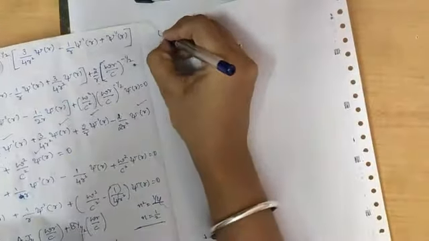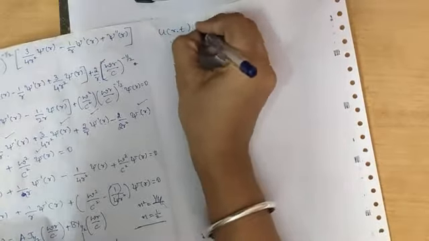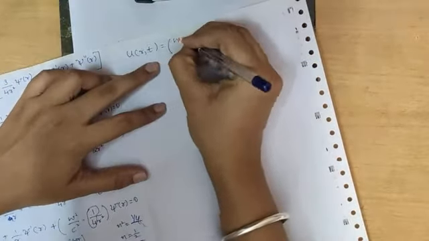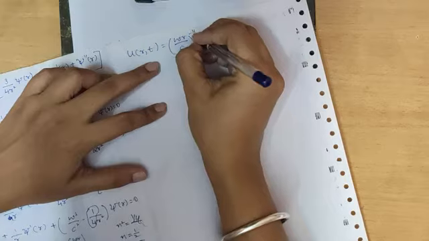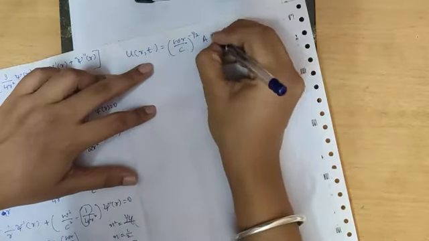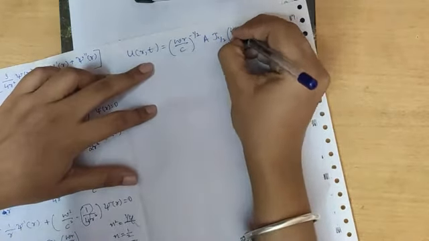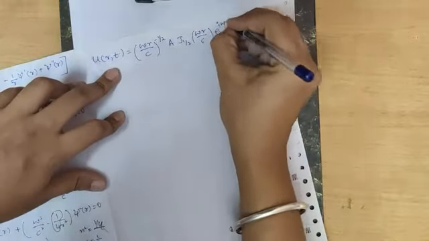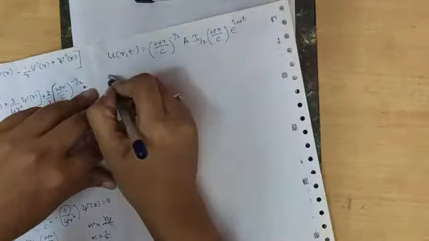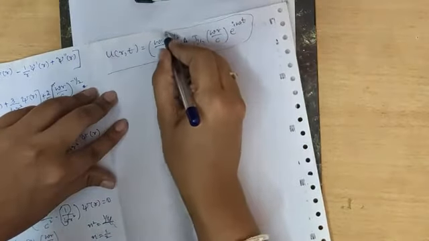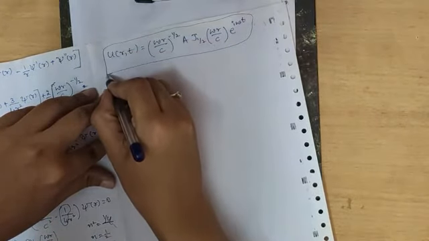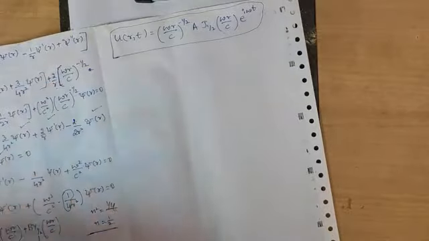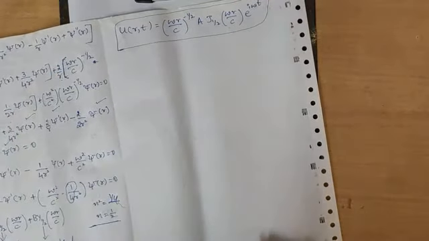You will get u of r comma t is equal to (omega r by c)^(-1/2) a into J half of omega r by c into e power i omega t. This will be your final solution of the spherical coordinate system for the one-dimensional wave equation.